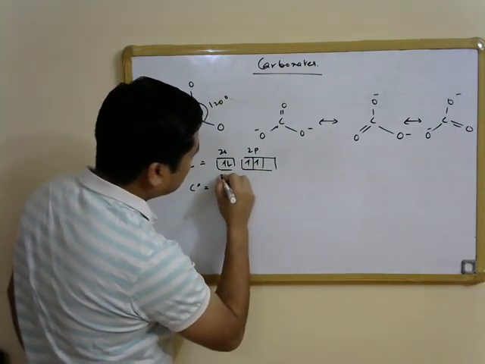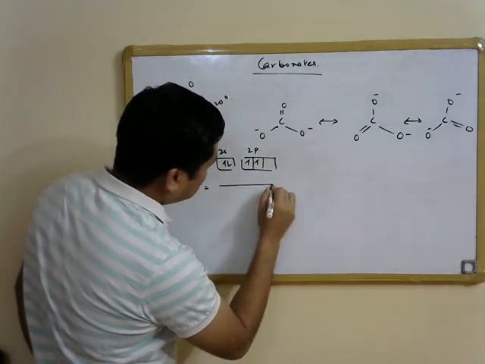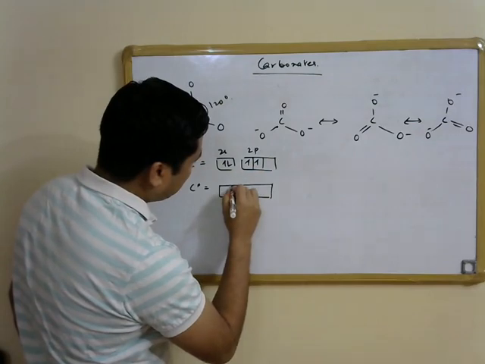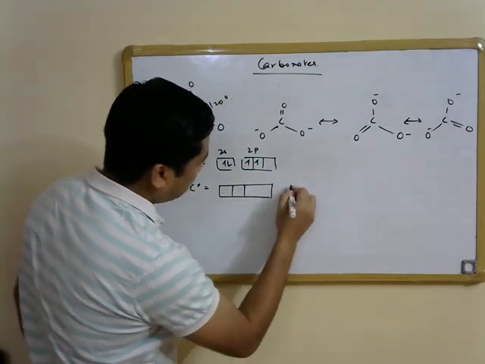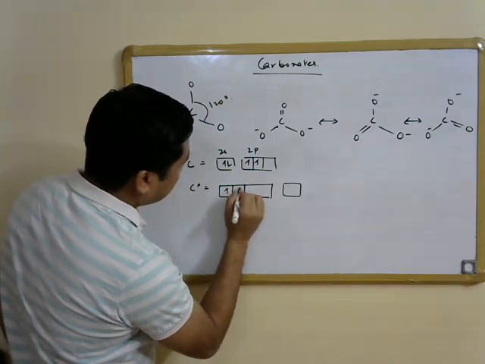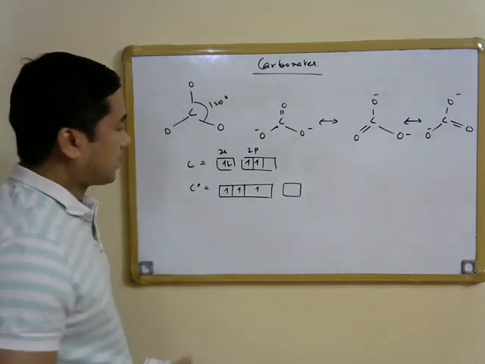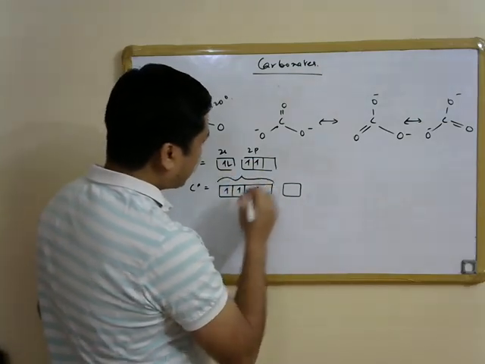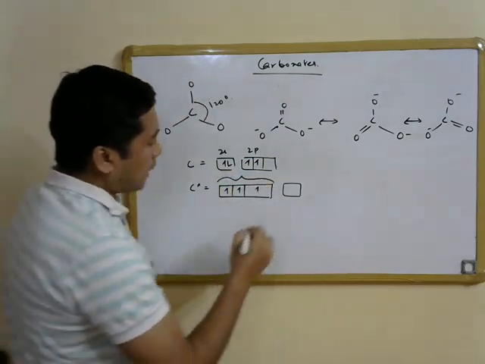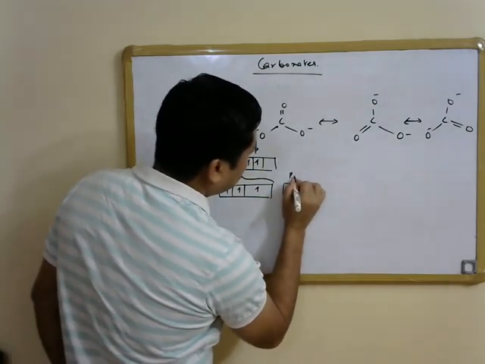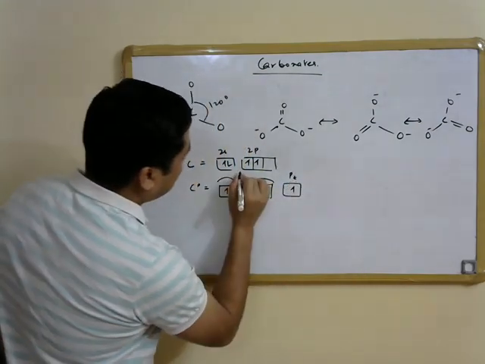This is the configuration, and when carbon is going to form carbonate ion, it is going to form sp2 hybridized orbitals. Three of the 4 electrons will occupy these sp2 hybridized orbitals of carbon, and another electron is going to occupy the unhybridized pz orbital of carbon.